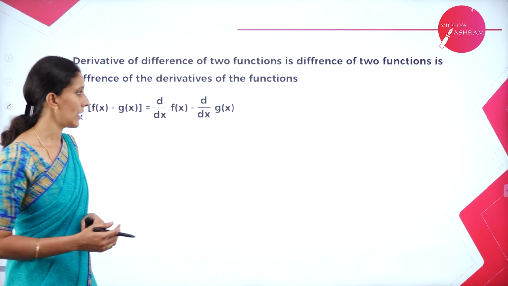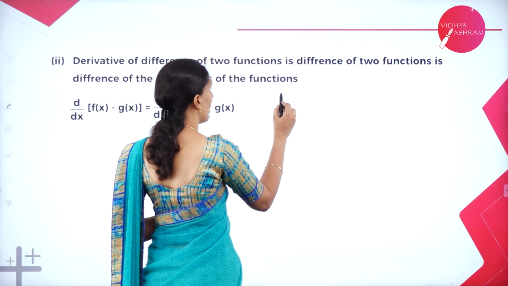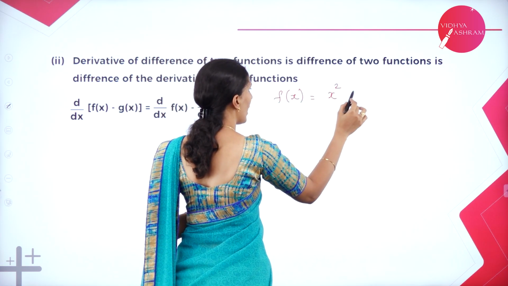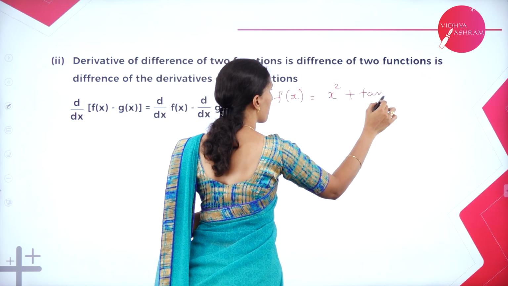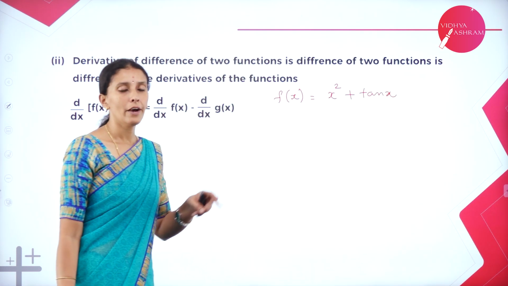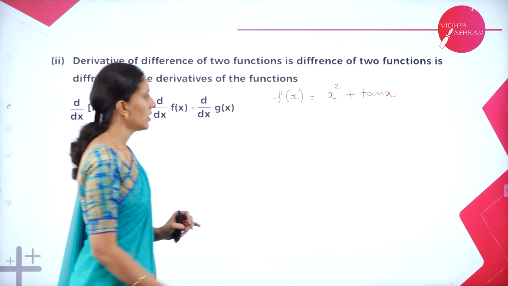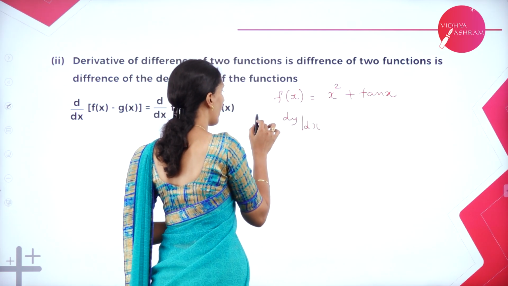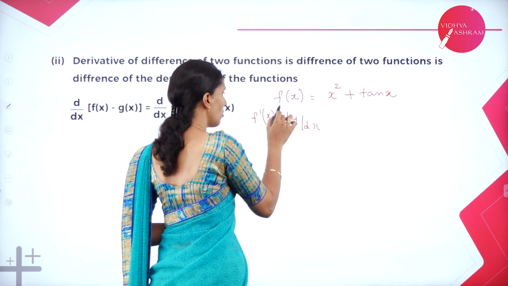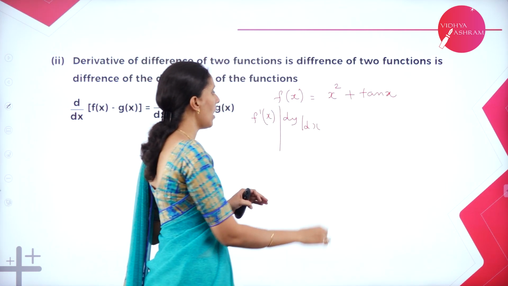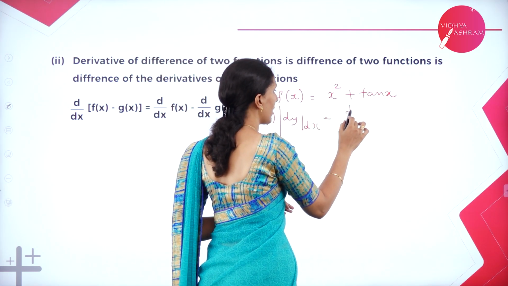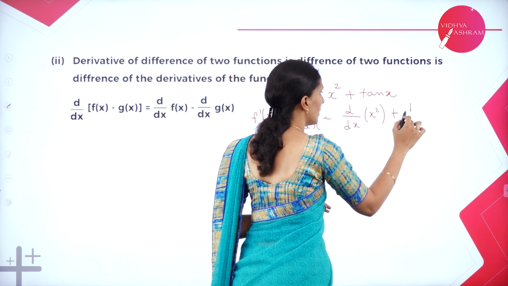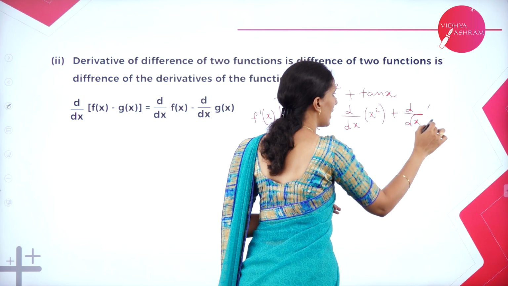I'll take an example now. Let f of x be equal to x square plus tan x. Now I have to differentiate this function. I can write it as dy by dx, or f dash of x also. Now, differentiate x square: d by dx of x square plus d by dx of tan x.